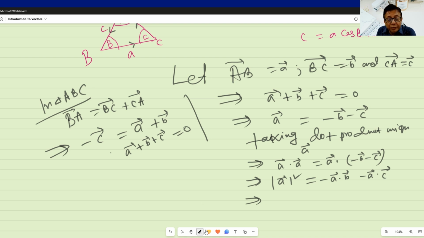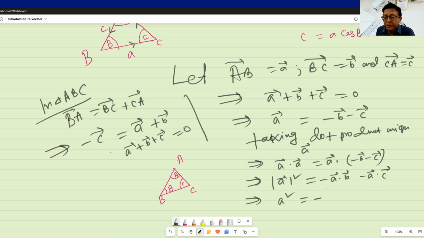Now what is going to be a dot b? This you have to observe carefully. This is angle B, this is A, this one C. Mod a square is what? a square simply, you know. So put a square.